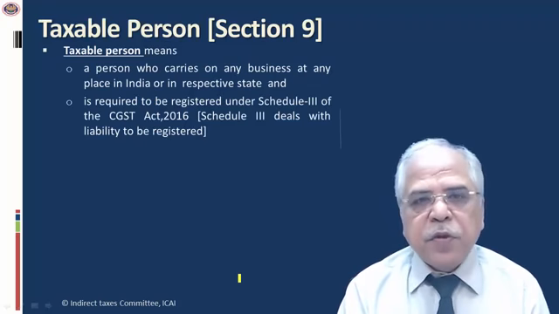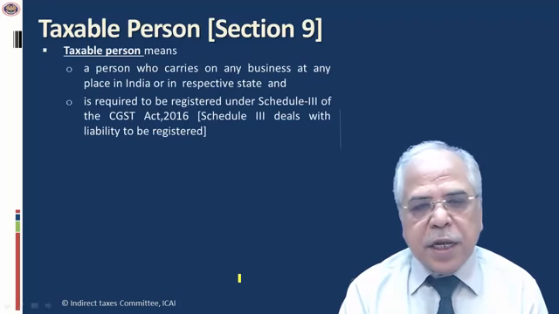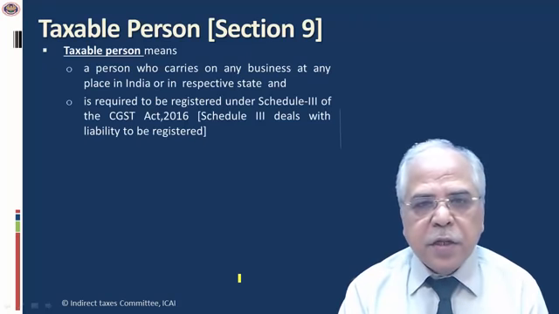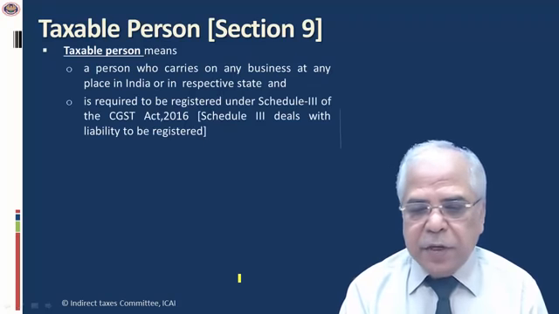Now there is no such provision. So all service providers having multiple locations in different states of India have to get themselves registered in all the states from where they are carrying out the activity.